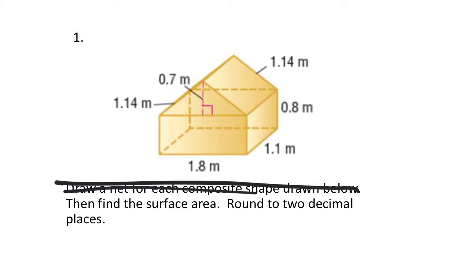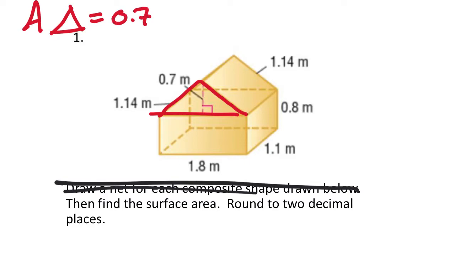So what I see here is I would start with this triangle right up and down. Although you could start with the rectangles. I'm just starting with the different shape amongst all these other shapes. That's this triangle right here. And I see that it has a height. So for my triangle, the area for the triangle, I have a height of 0.7 meters.